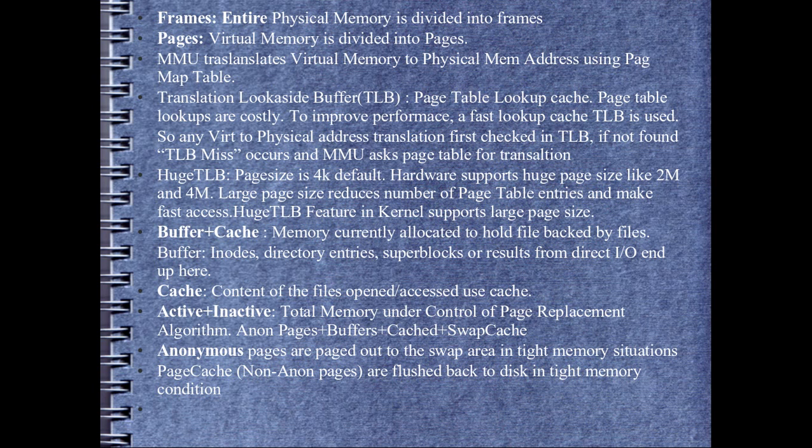If we are talking about database calculations that are happening only over the RAM, you fetch hundreds of entries through a select statement, but they don't have any file at the back end, so they are all cached or received as anonymous pages. So active plus inactive, there could be active anonymous pages, inactive anonymous pages, buffer and cache, and swap cache.